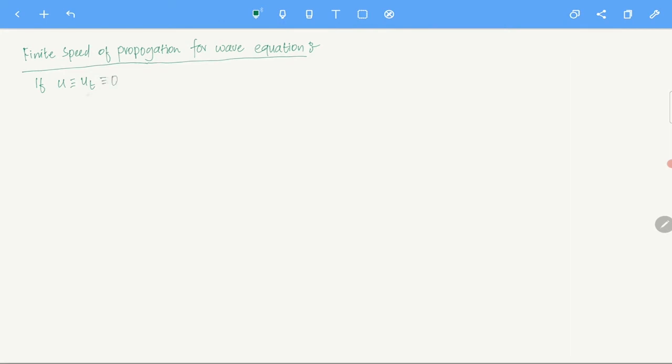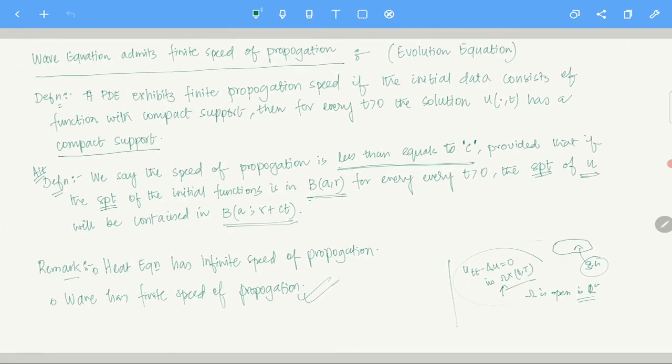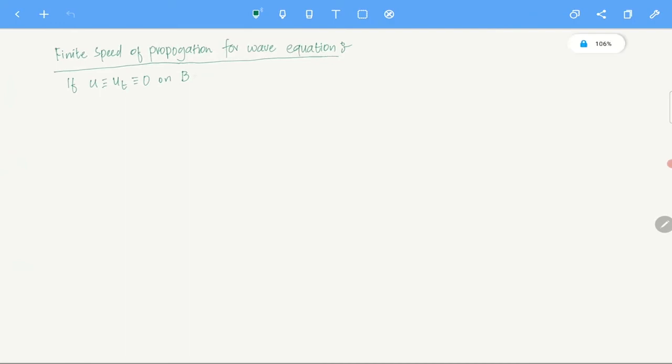So basically it says, if the initial data has a compact support in some ball B(x0, t0) at t equals 0, then do you think u will be something other than 0?